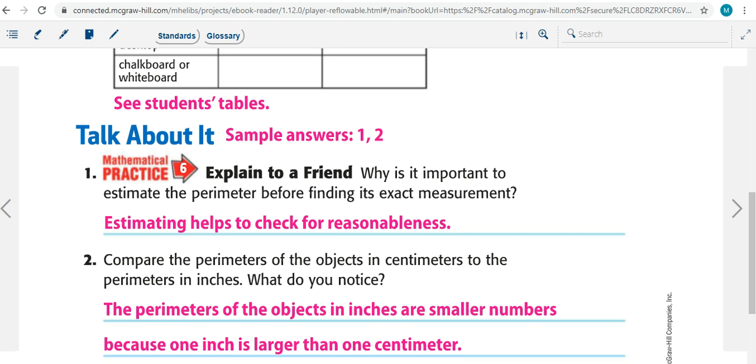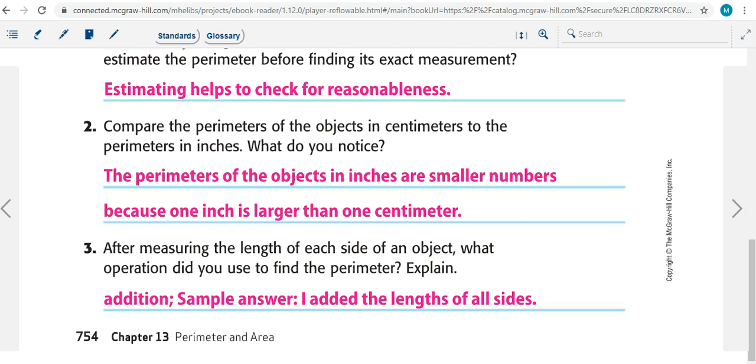Now, number 2, compare the perimeters of the object in centimeters to perimeters in inches. I already said that inches are longer than centimeters, so how are your measurements going to change? How can we compare them? Well, the perimeters of the object in inches are smaller numbers because 1 inch is larger than 1 centimeter.